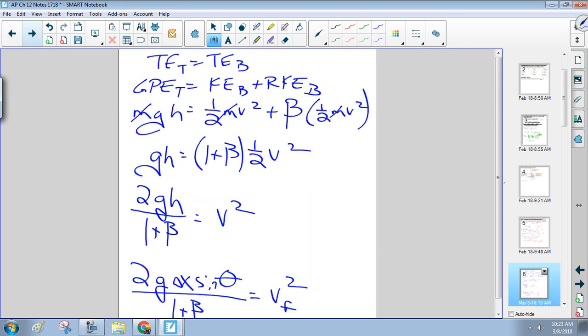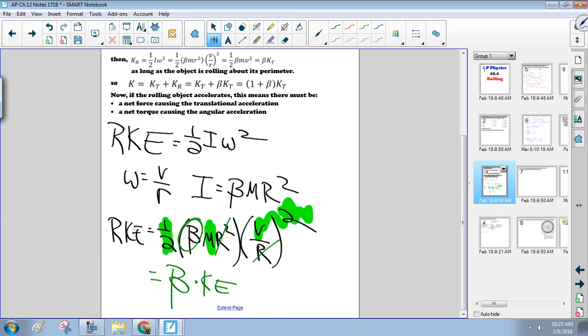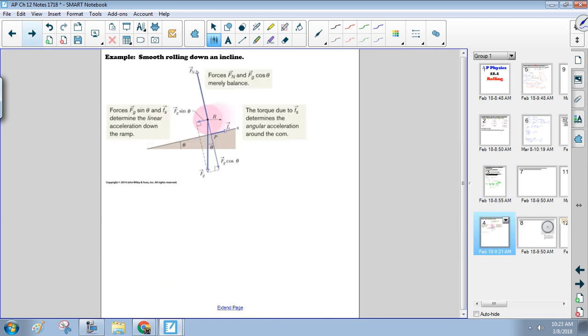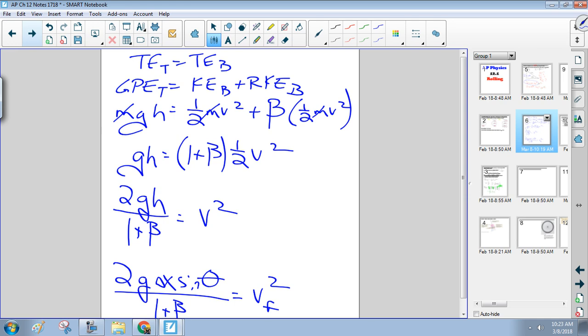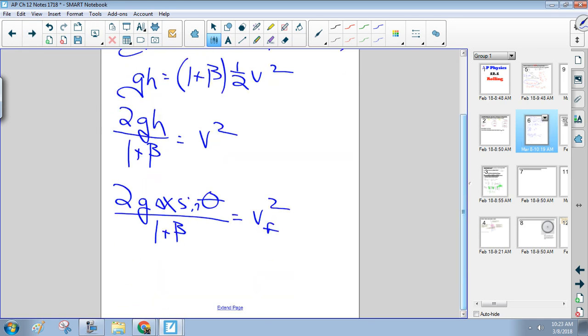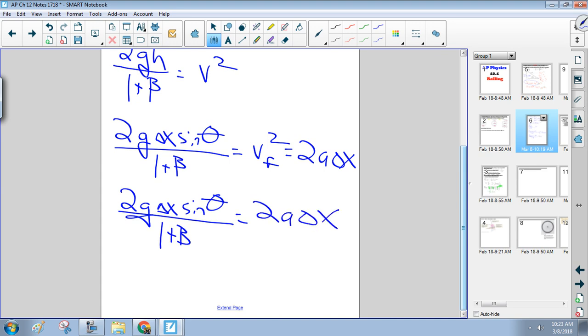Yes? So I'm going to rewrite my new equation. Here's what I've got now. 2g delta x sine theta over 1 plus beta equals 2a delta x.